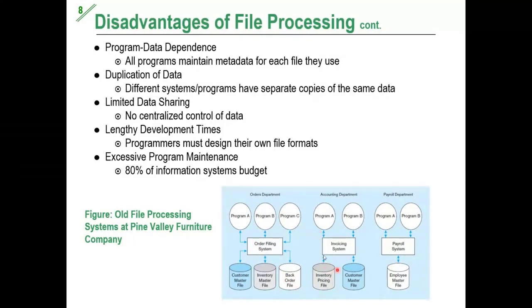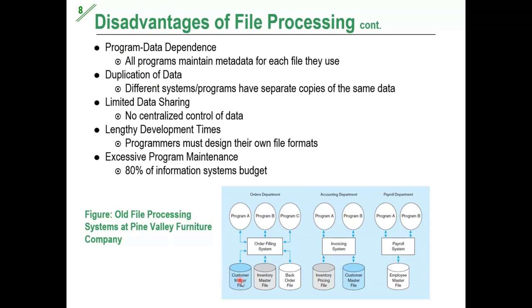At the same time, the accounting department has separate files as well. One of the main disadvantages of this system is that the programs and the data are dependent on each other, right? Remember I told you, whenever you create these files or data, we need to create the metadata as well.